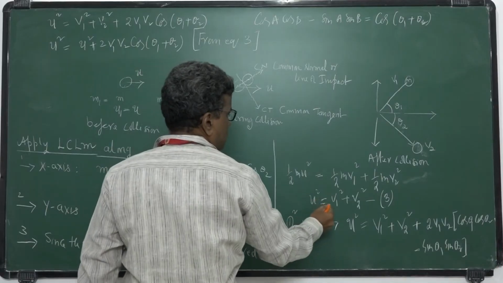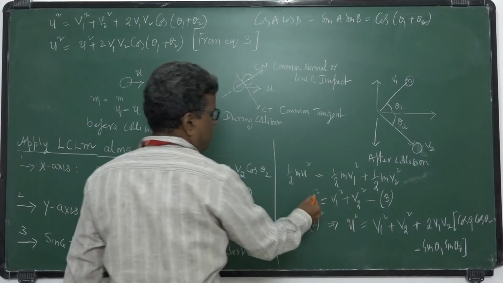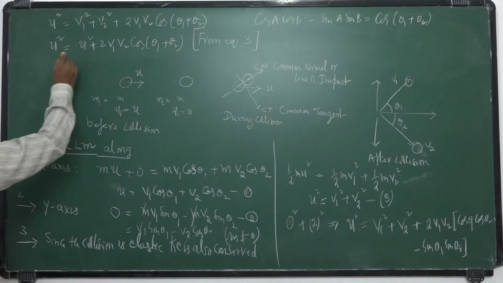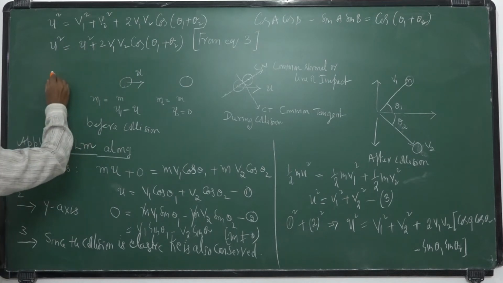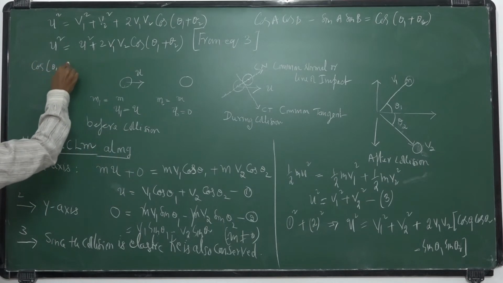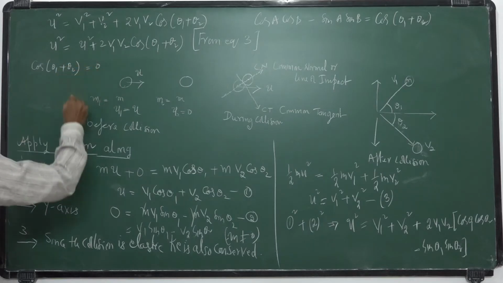So instead of V1 square plus V2 square, I have written U square. So this U square gets cancelled. Since V1 V2 is not equal to 0, we get cos of theta 1 plus theta 2 becomes 0.